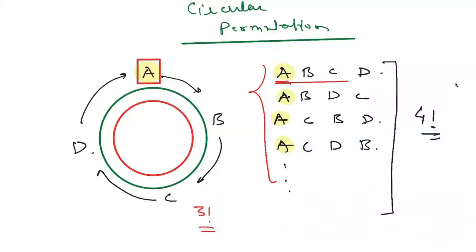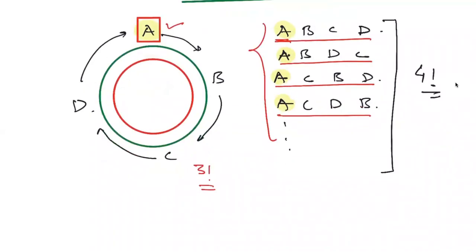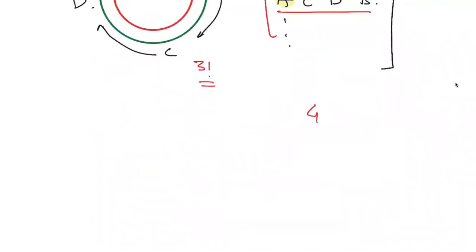So every row-wise arrangement starting with A, if I fix this A, all of that will be one way of arrangement of circles. Means if we are able to arrange in factorial 4 ways, we divide this by 4.